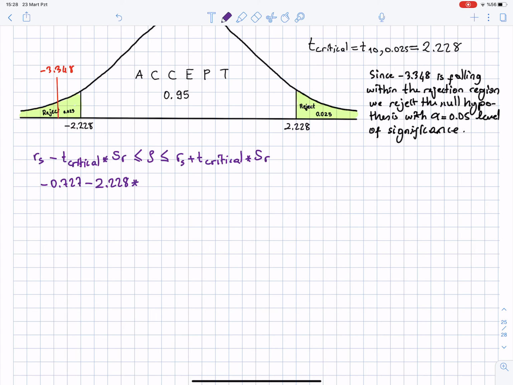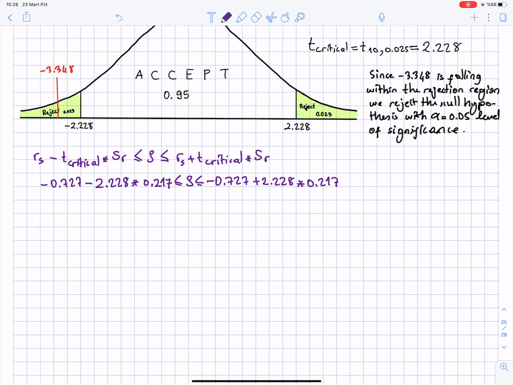This is 0.217. So rho is equal to minus 0.727, and this time we have plus 2.228 times 0.217.